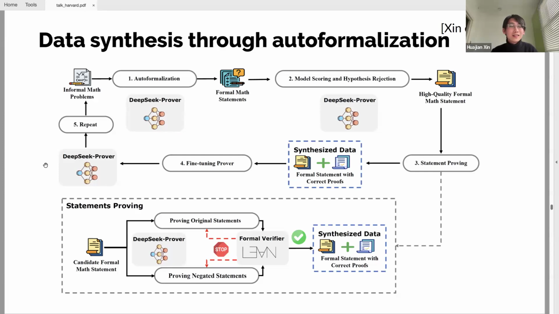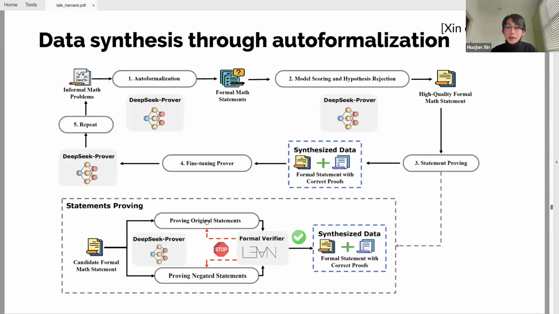Yes, this is a very good question. Indeed, we use a very simple technique: if the formalized statement has been successfully proved, no matter whether it is the negative statement or the original statement, then the pair of the informal math problem and the corresponding translated formal statement is used to train our model to enhance its auto-formalization capabilities.